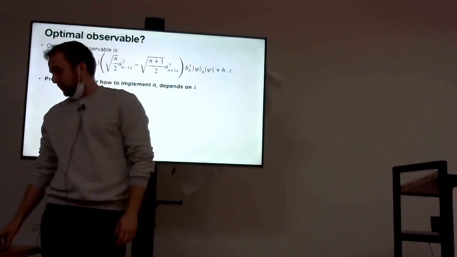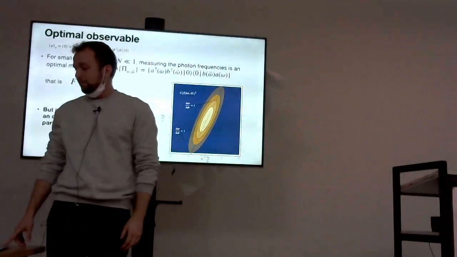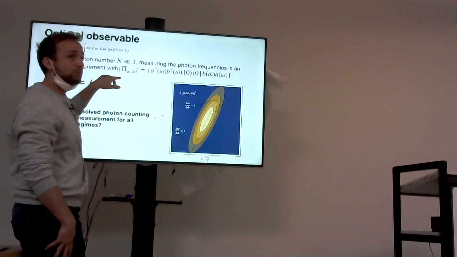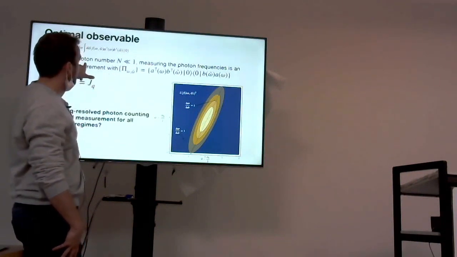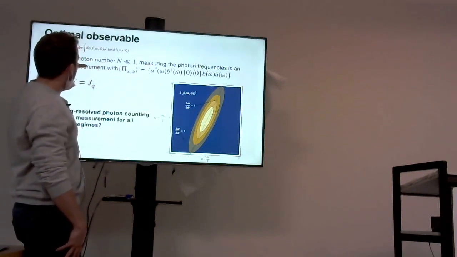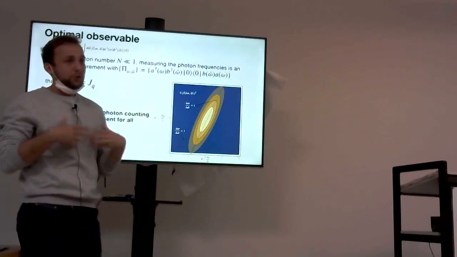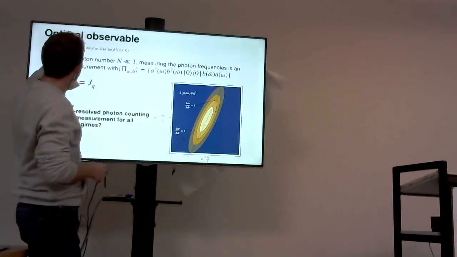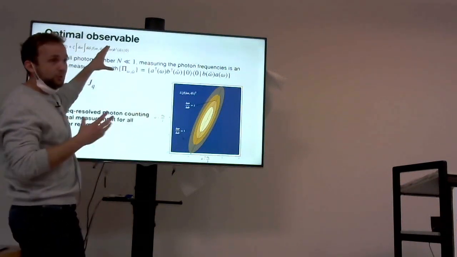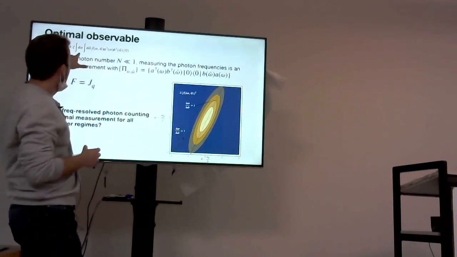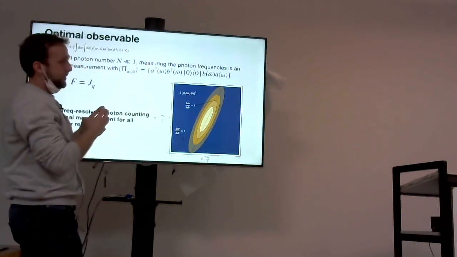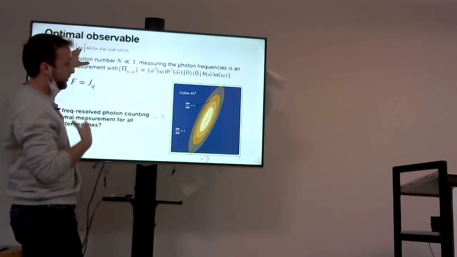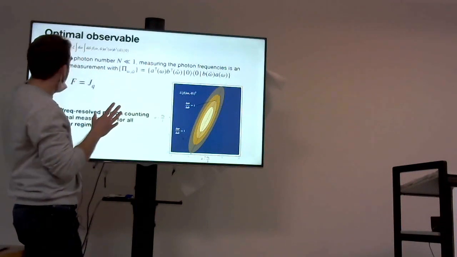So, and yeah, we also looked at this special case. In the pursuit of finding the optimal observable, I looked at this state, at the few photon case. So in this regime, we only have a small number of photons.